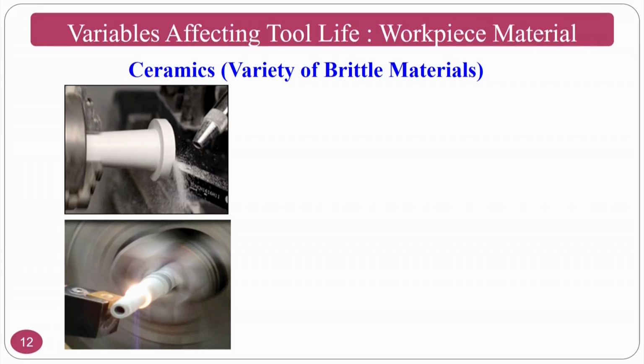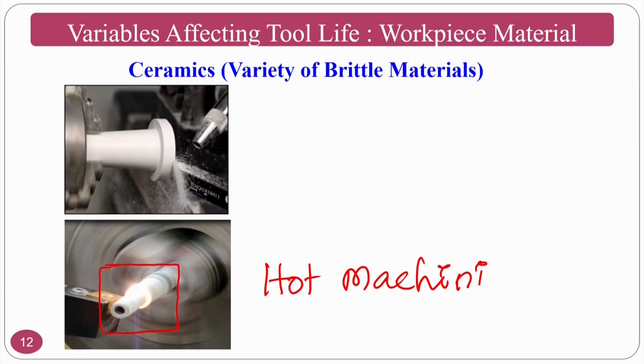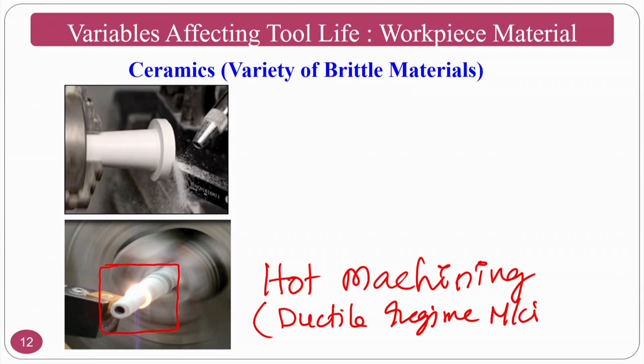Whenever I want to machine it, what I will do is I just apply heat, then I will do the machining operation. This is called hot machining of ceramics, or some people also call it ductile regime machining of brittle materials.